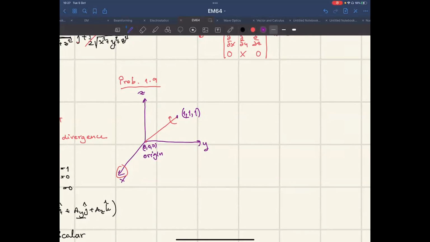Now what we are going to do is look from this direction. This is your eyes.